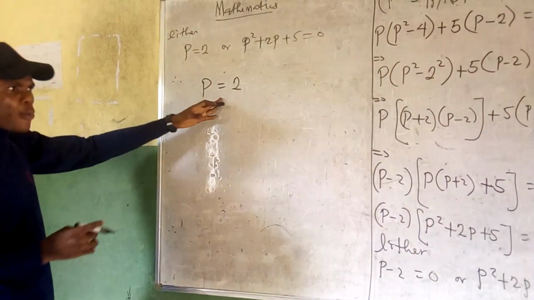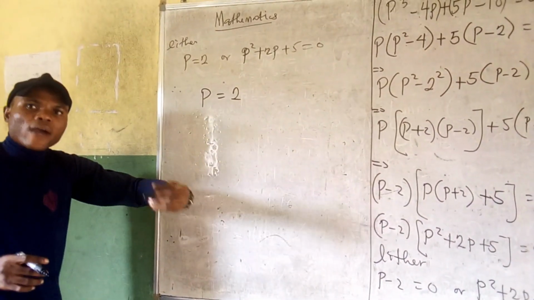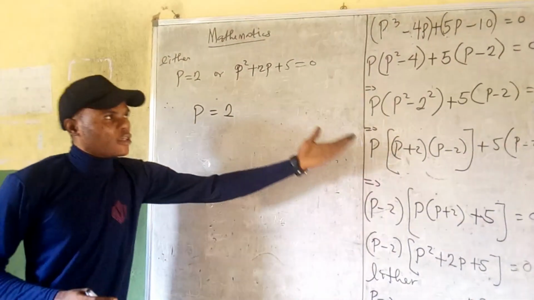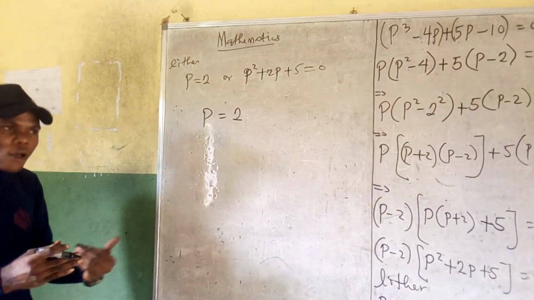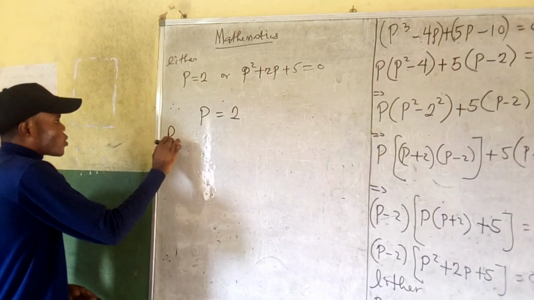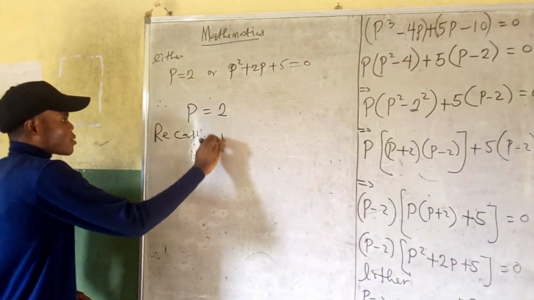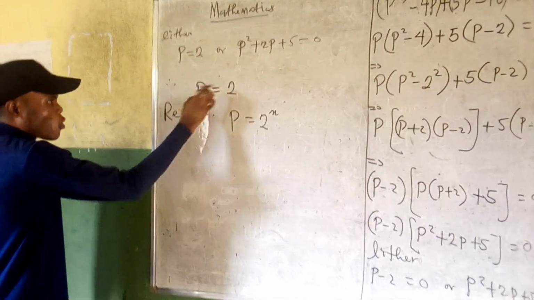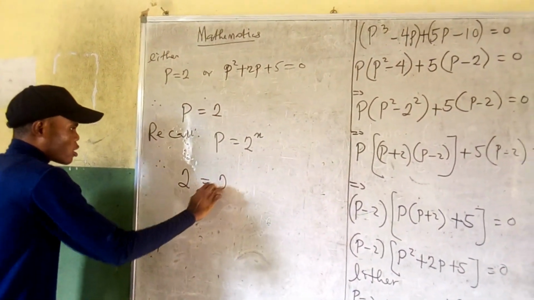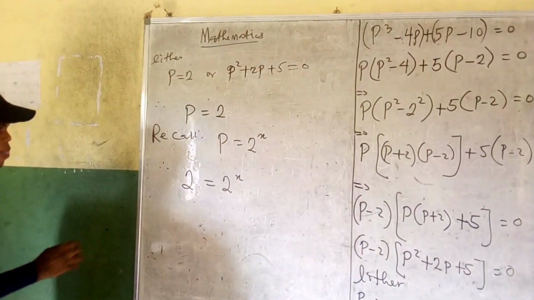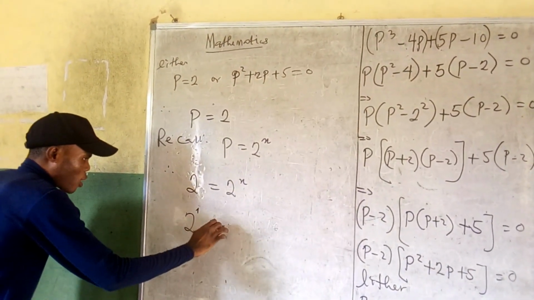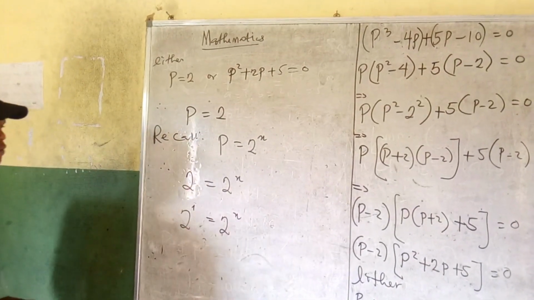Alright, but we can't stop here, because the question says we should find the value of x, not the value of p. We introduced p so as to ease our calculation. So we will recall that p equals 2 to the power of x. Now that p equals 2, it means that 2 equals 2 to the power of x. So if we rewrite this 2 in index form, that is 2 raised to the power 1 equals 2 to the power of x.